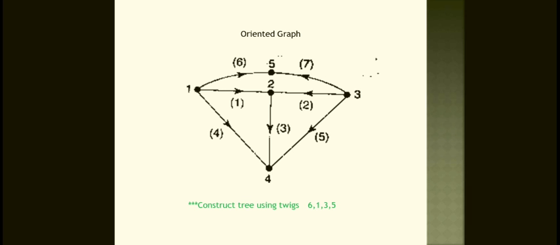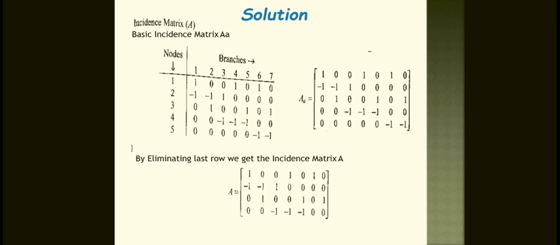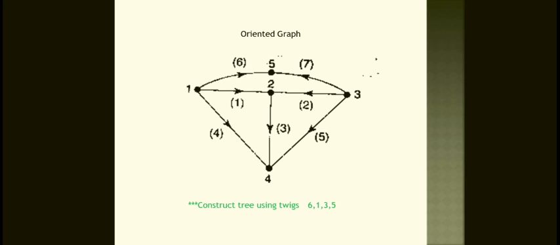What are the outgoing currents? 1, 4, 6 are the outgoing currents, and all outgoing currents are positive. So 1, 0, 0, the fourth current is outgoing, 1, the fifth is 0, the sixth is outgoing, and the seventh is irrelevant. So therefore 1, 0, 0, 1, 0, 1, 0. Similarly, you take it with respect to the 2.